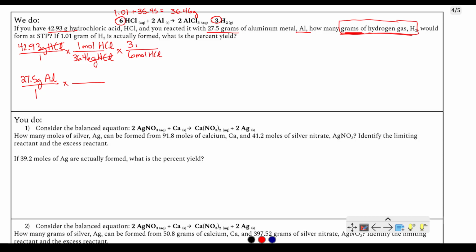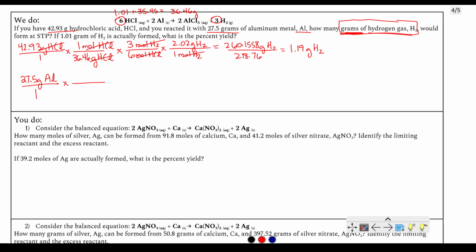And then the 3 goes with the H2. And then over here, 1 mole of H2 is going to be 2.02 grams of H2. Check those units canceling themselves out, and that all works out. So that's 260.1558 grams of H2 over 218.76, and that works out to be 1.19 grams of H2.